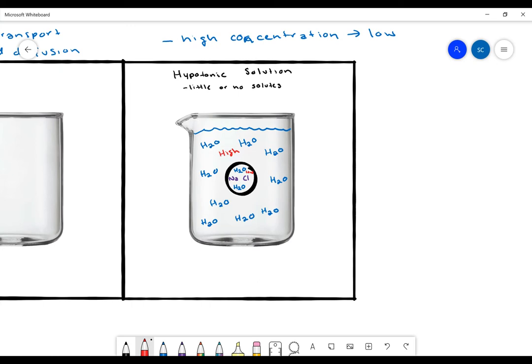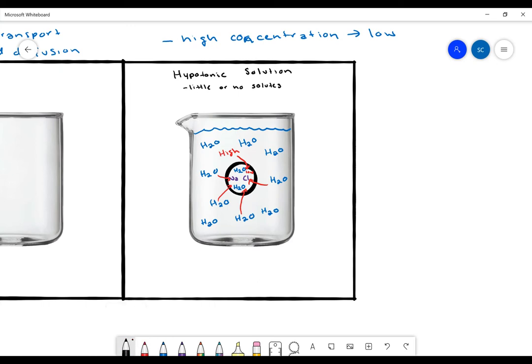So again, the water molecules are always going to move down their concentration gradient, from a high concentration to a low concentration. So in this scenario, what that looks like is it's going to move into the cell. So a lot of your water molecules are going to move inside the cell because they want to spread out.